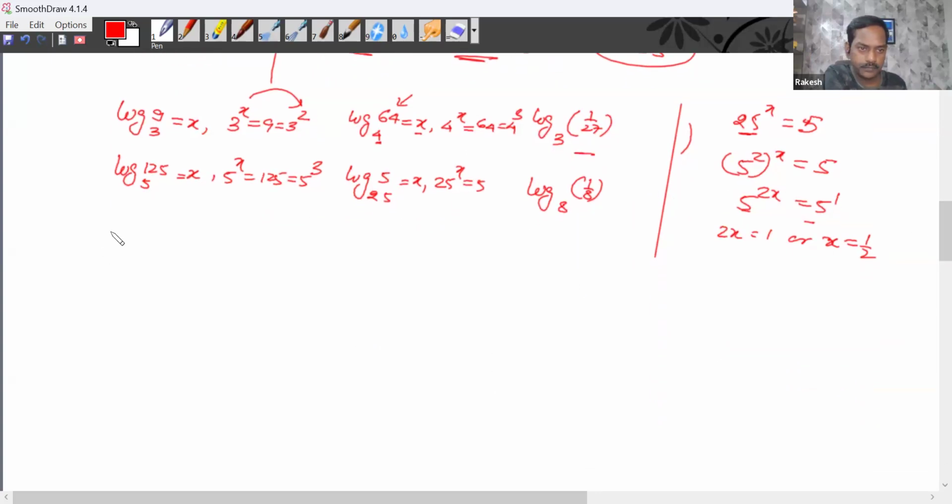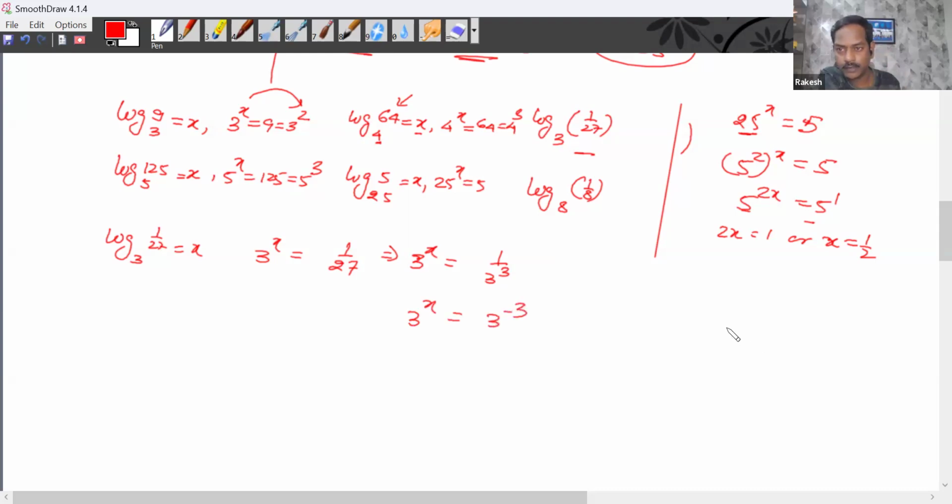Okay, let's see this. Log of 1 by 27 with base 3, assuming it to be x. So 3 to the power x must be equal to what? 1 by 27, which is nothing but 3 to the power x is equal to 1 by 3 to the power 3, right? Or you can write it as 3 to the power x is equal to 3 to the power minus 3.